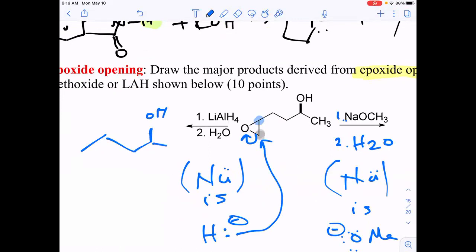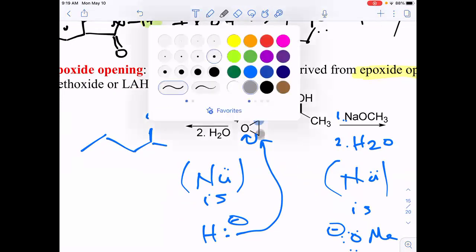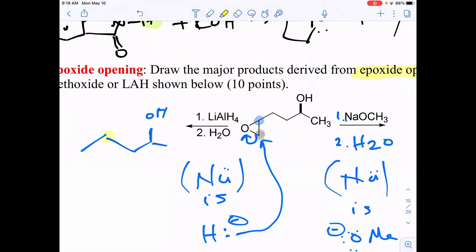That's CH3. So this is the carbon right here where the epoxide opened, right? So we're going to put that oxygen here, and I'm going to go ahead and make it an OH because the second step is going to protonate it.